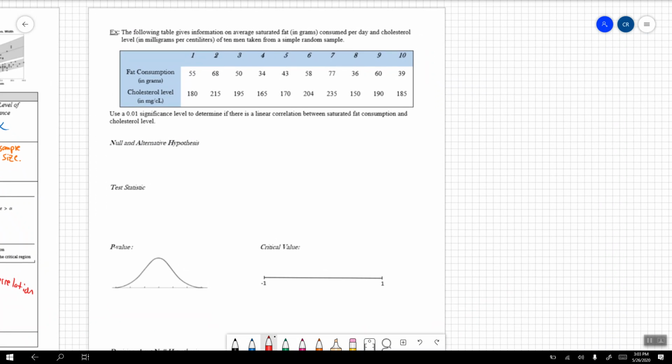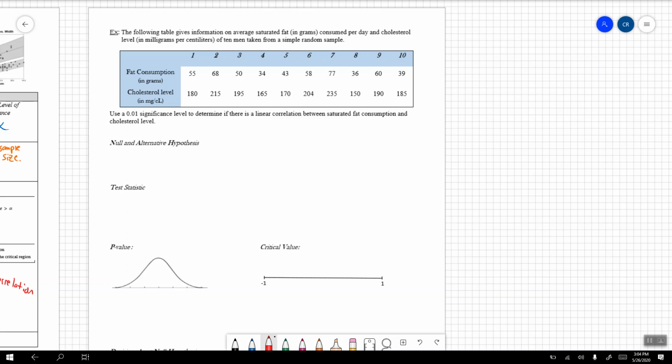Now, let's start looking at the information given to us on this first example. On this first example, we're going to be looking at this table that says the following table gives information on average saturated fat in grams consumed per day and cholesterol level in milligrams per centiliters of 10 men taken from a simple random sample.